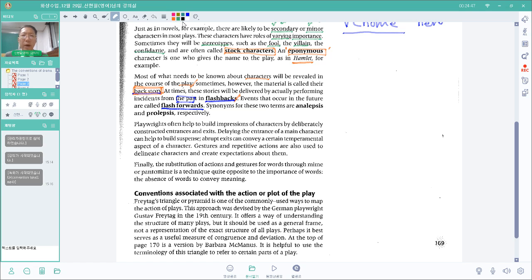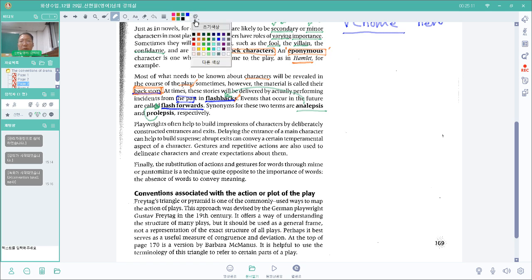We call flashback analepsis, and flash forward is called prolepsis. Okay? Same meaning, different name. Analepsis and prolepsis. And playwrights often help to build the impression of characters by deliberately constructed entrances and exits.